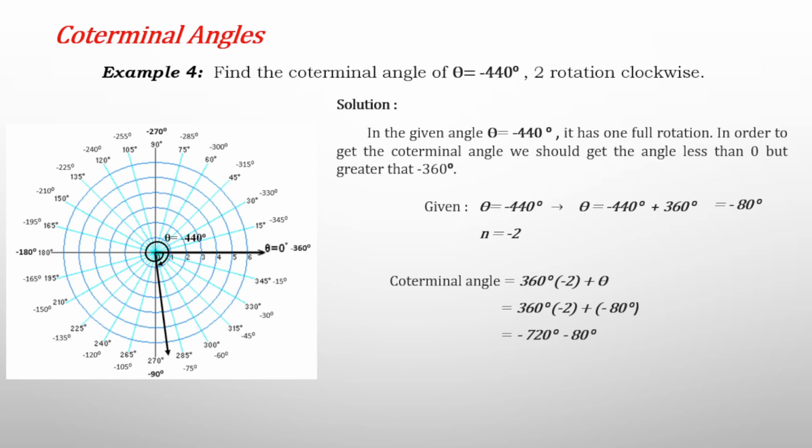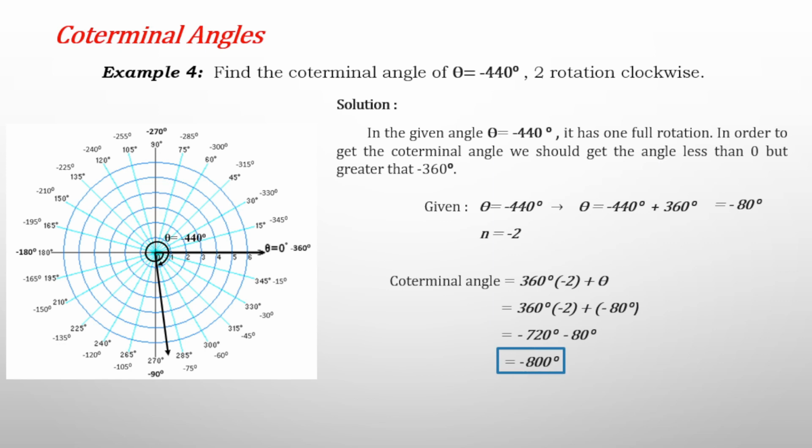So if we get the difference between negative 720 degrees and 80 degrees, that is equal to negative 800 degrees.